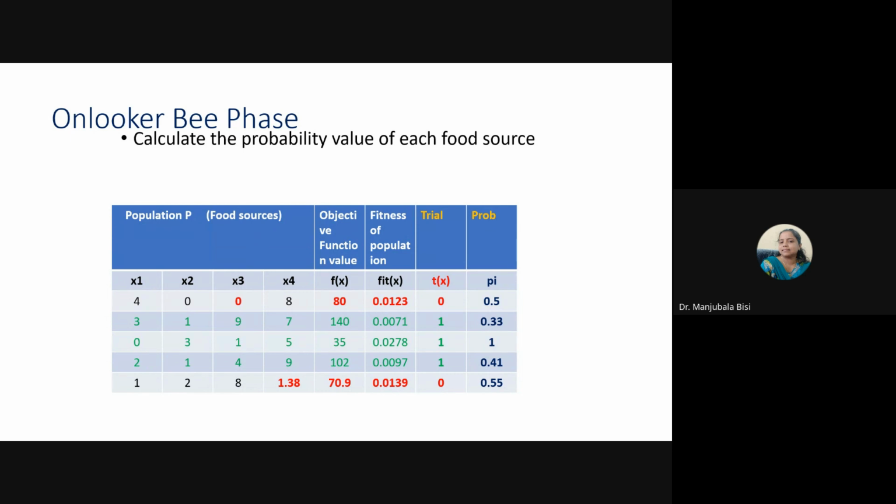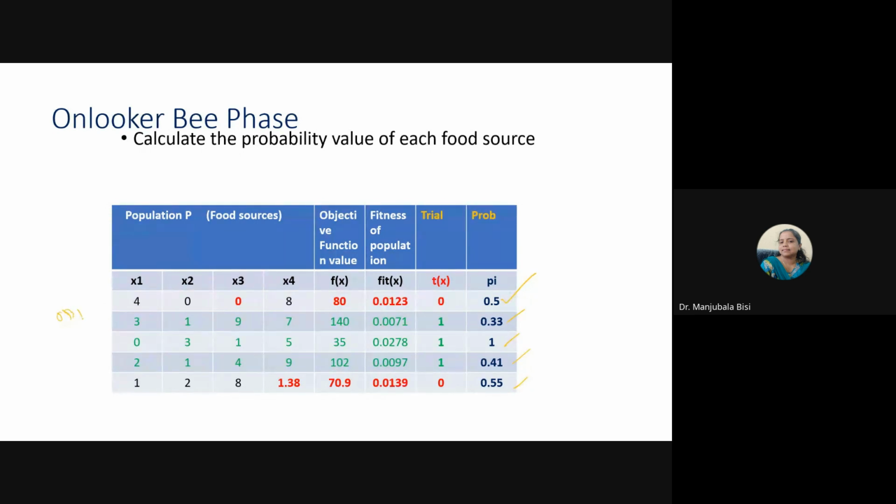If you use that formula, you will get 0.5 for this first solution, 0.33, 1, 0.41, 0.55 for the subsequent solutions. So for what purpose are we using this probability value? This probability value is used to decide whether the onlooker B will get a chance to exploit a food source, I mean to change a solution. Now let us do it for onlooker B.